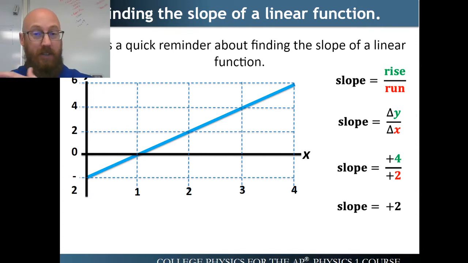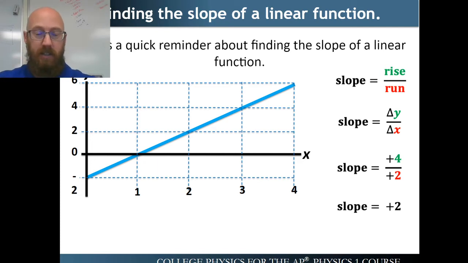You can pick any points on a linear graph. I'm just going to pick 0 and 1, where the line crosses the x-axis at 1. That's where I'm going to start. I'm going to go over on the x-axis to 3 and up to 4. Done.